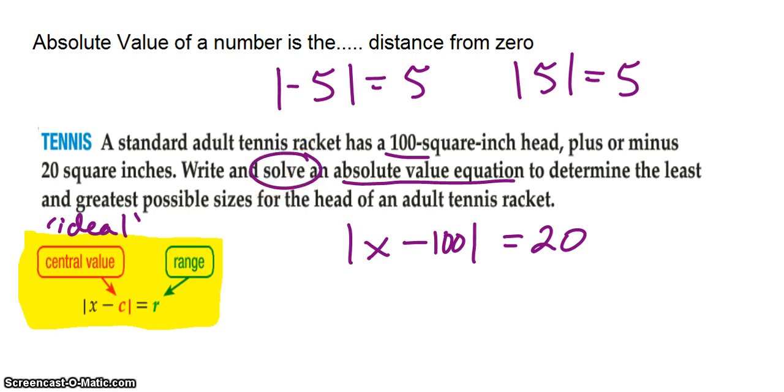I have my equation. Now, as it asks for, I'm going to solve it. And remember, with absolute value equations, the way we want to set it up, for one of the equation situations, we're just going to pretty much just drop those absolute value bars. For the other one, we're going to drop the absolute value bars and then make one side negative.